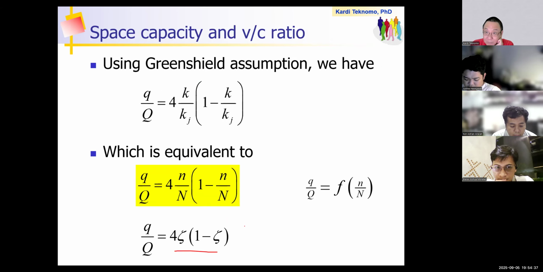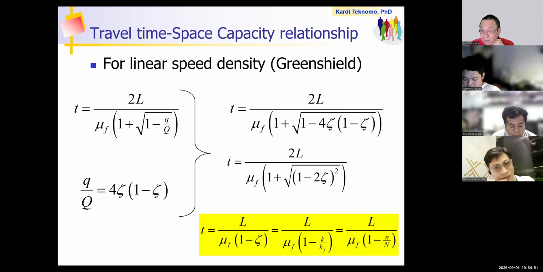Maybe I'm not sure if this is important for you, but at least you know the formula, so in case you need to use it, you don't need to derive it anymore. I just provide it for you. If you have the zeta or the space capacity, you can also connect it to travel time.